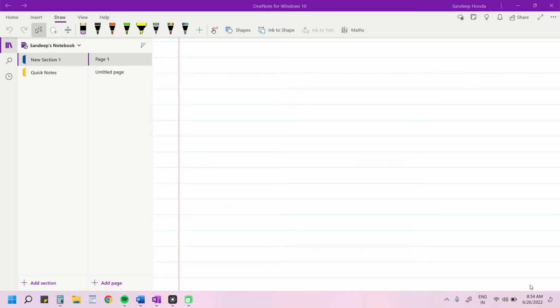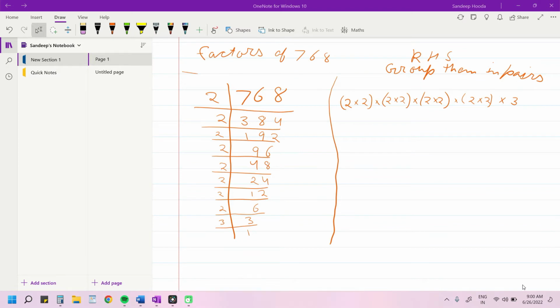Now we will find the square root of a number in which its factors are not in groups of 2. We used 768 as an example and we found its factors and then wrote them in groups of 2 on the right hand side.